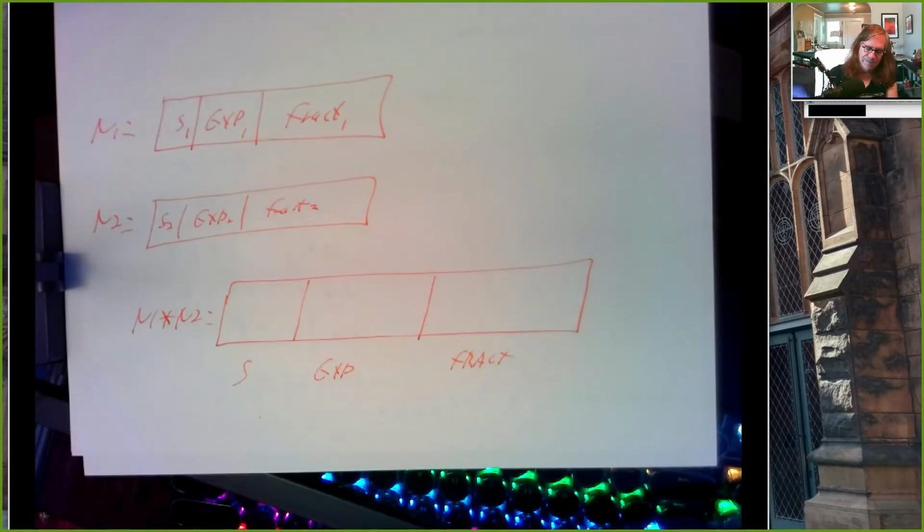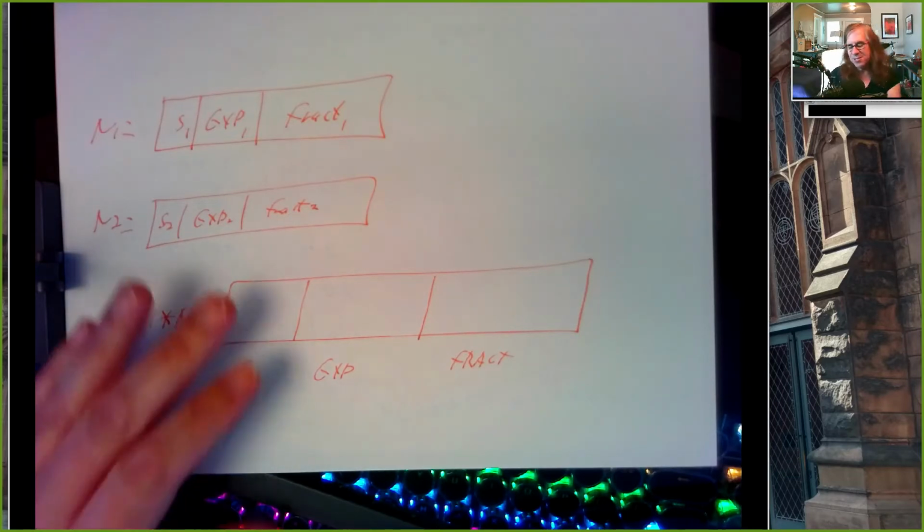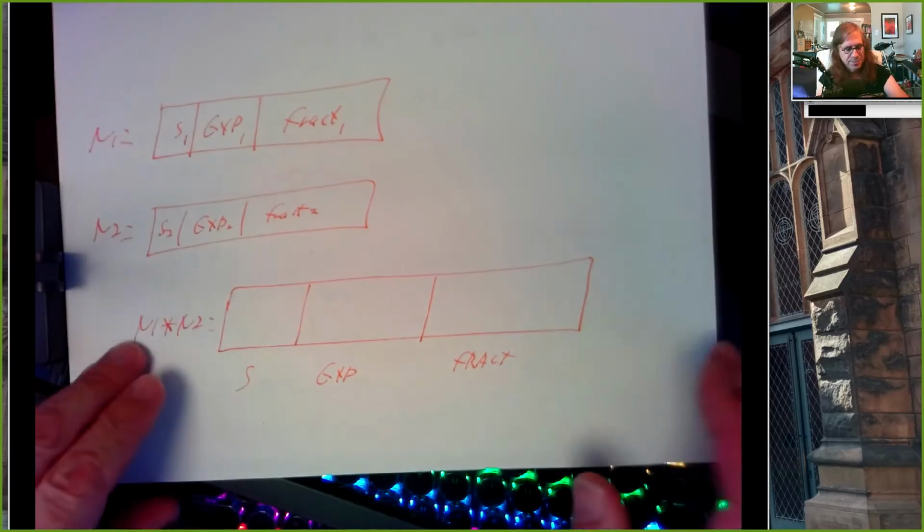Any thoughts? I'm not sure exactly how you do it in sign magnitude, let alone in IEEE 754. Well, suppose you know how to multiply integers and how to add integers. You've already got something that will do that, let's say. How do you do this in scientific notation?